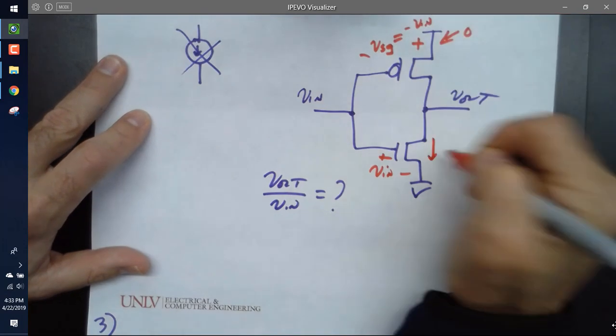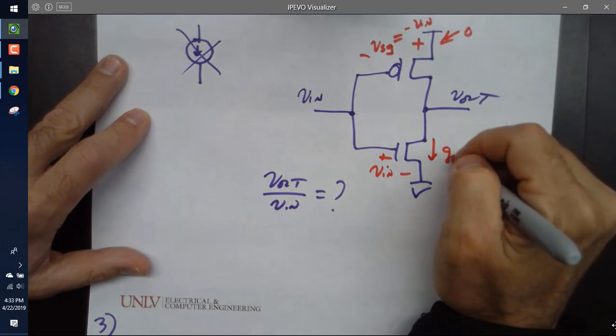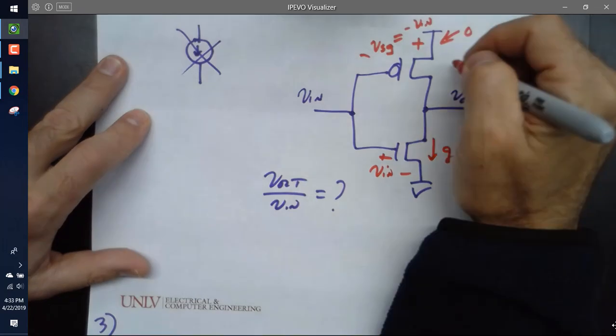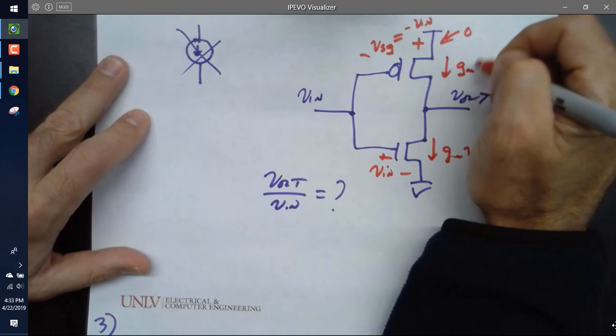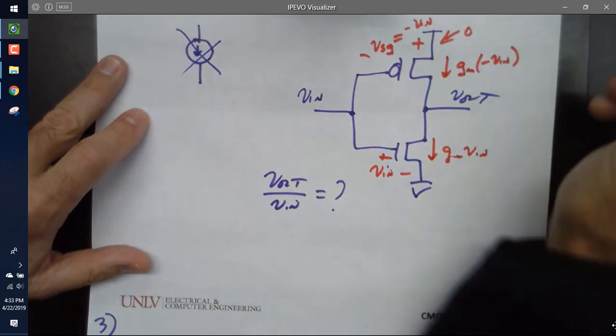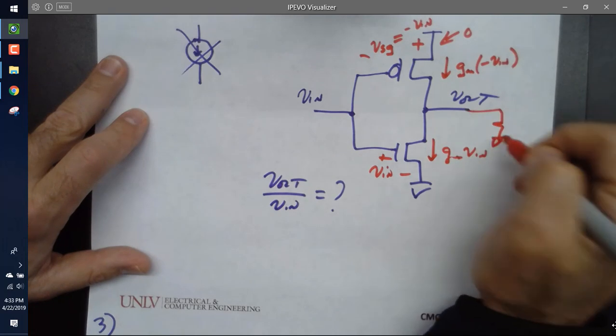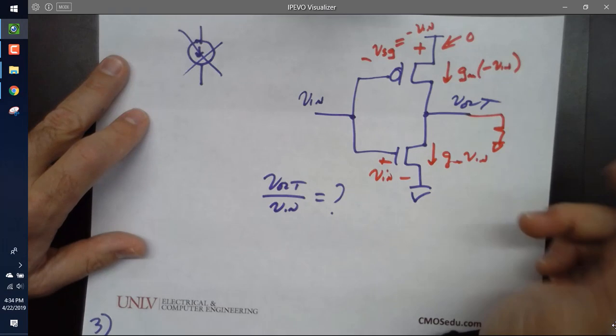So what is this current here in terms of V in? And what is this current here in terms of V in? Negative gm. So far, so good? And now what's the total resistance here only due to the output resistance of each transistor?